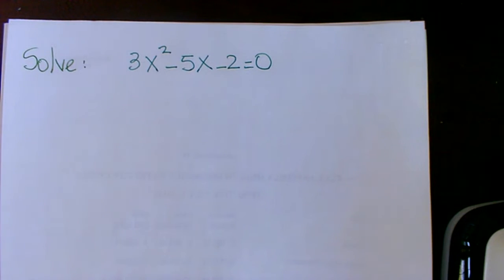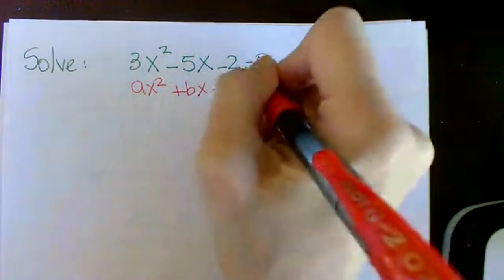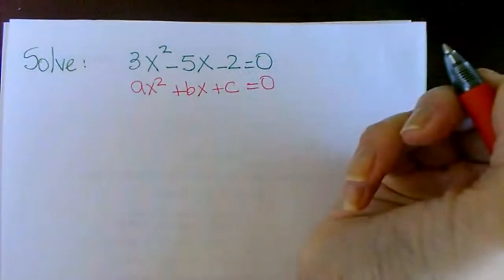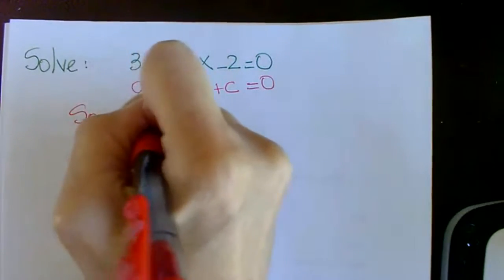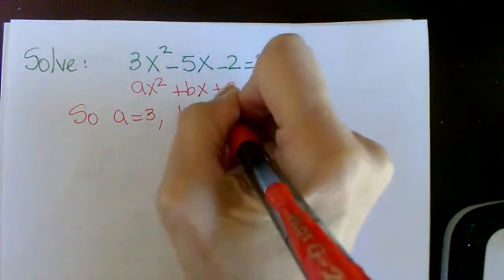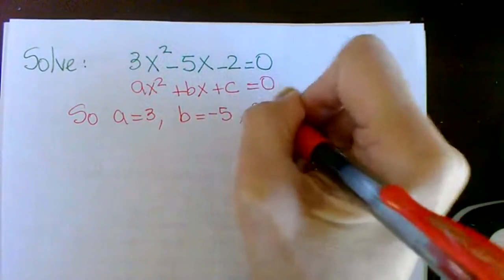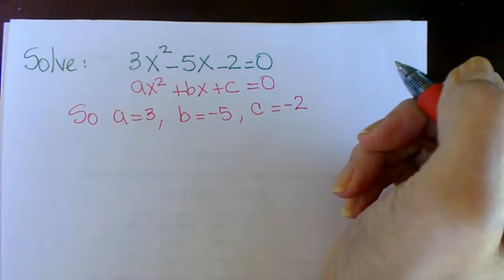We know it's in the standard form, right? So let's do it. A is equal to 3, B is equal to negative 5, and C is equal to negative 2.